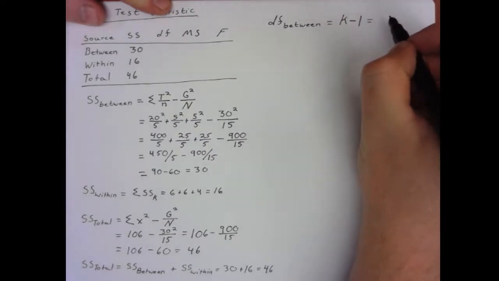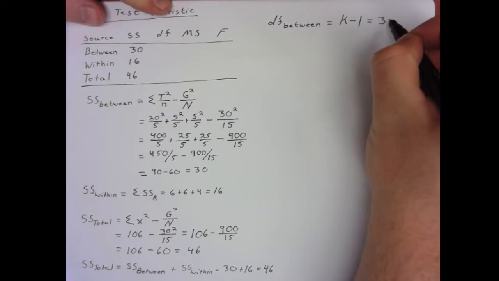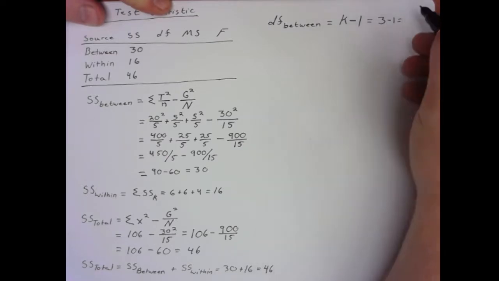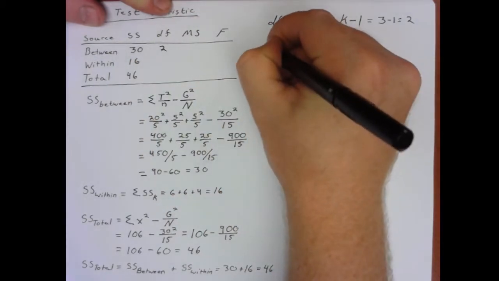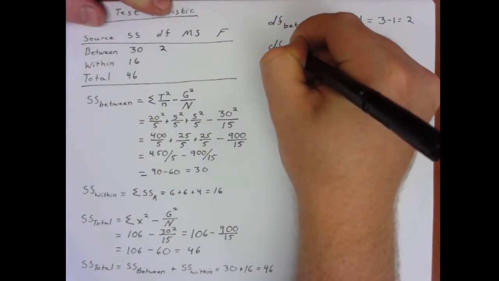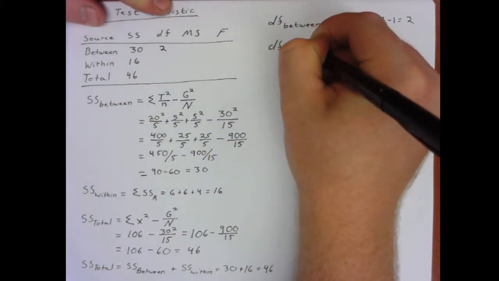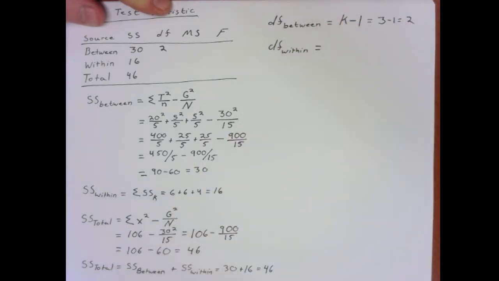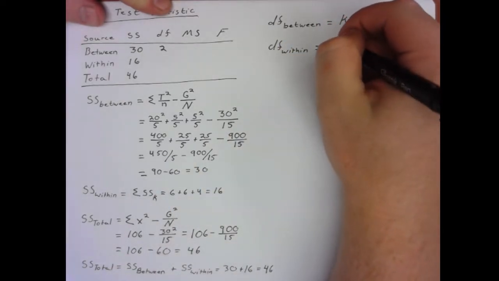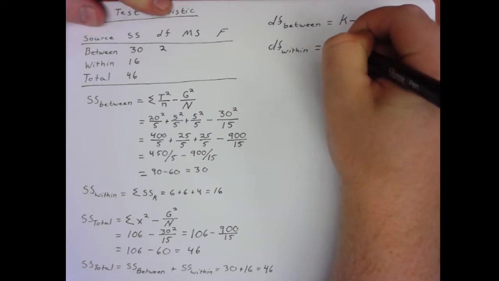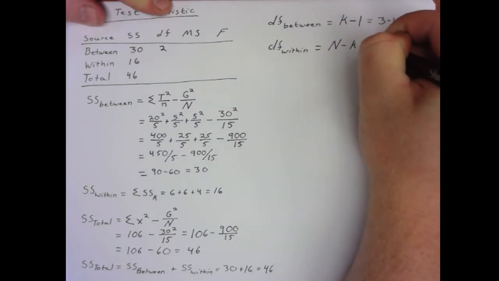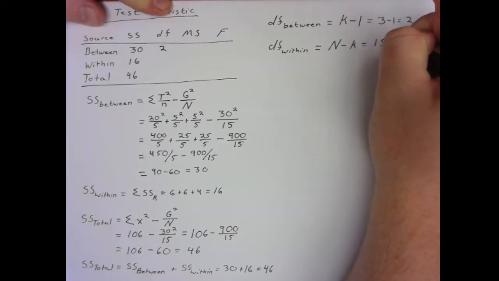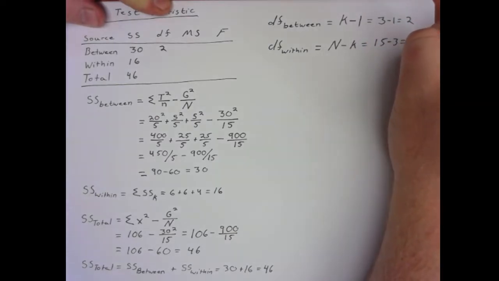We have 3 conditions minus 1 to get us 2. The degrees of freedom within is going to be the number of scores that we have minus k. So 15 minus 3 to get us 12.